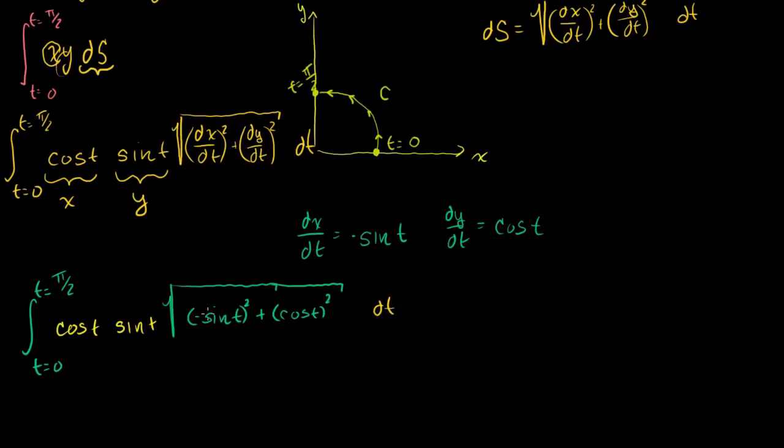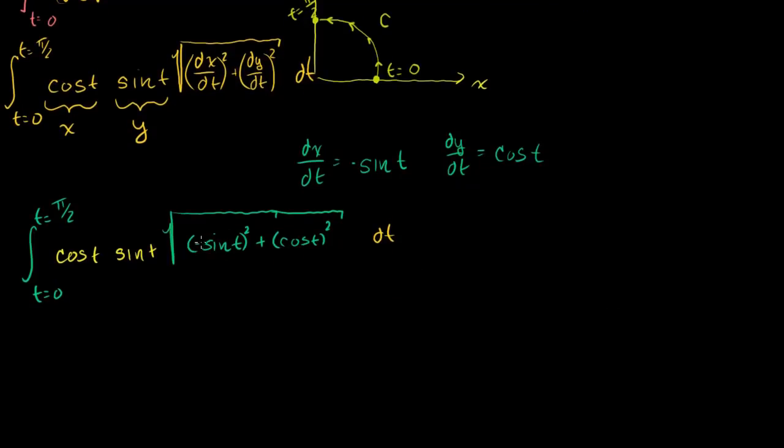Now, this still might seem like a really hard integral until you realize that when you take a negative number and you square it, it's the same thing. Let me do this on the side right here. Minus sine of t squared plus cosine of t squared is the same thing as sine of t squared plus cosine of t squared, right?